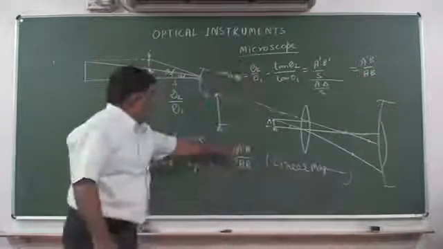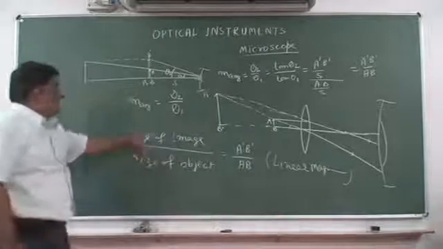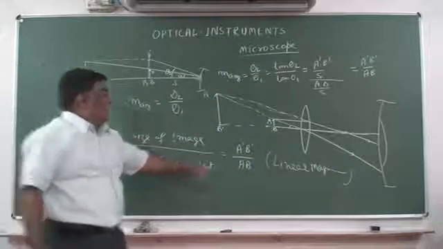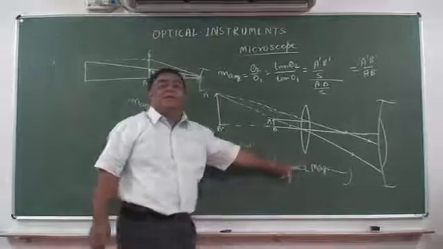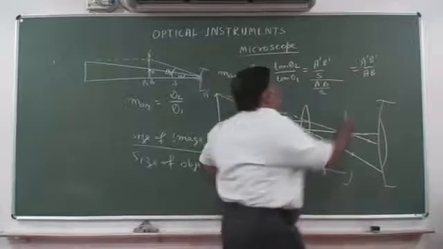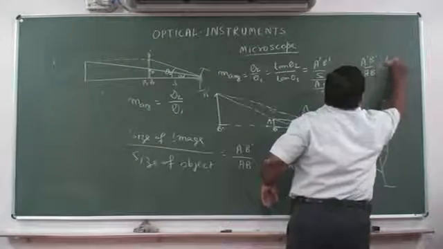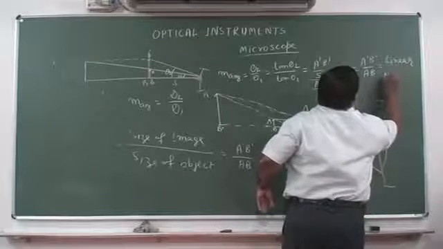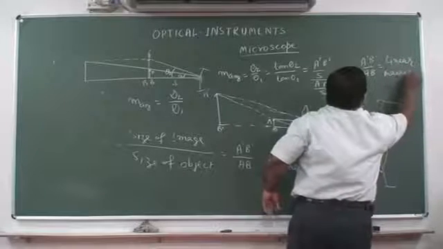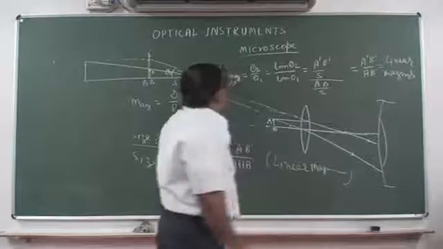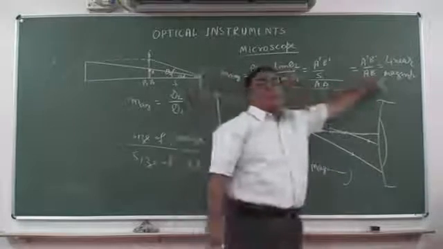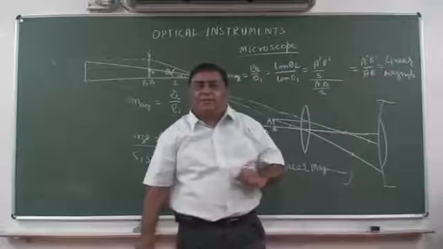But A dash B dash upon AB, what was this? Size of image upon size of object, and this was linear magnification. So here we observe that angular magnification is equal to linear magnification.